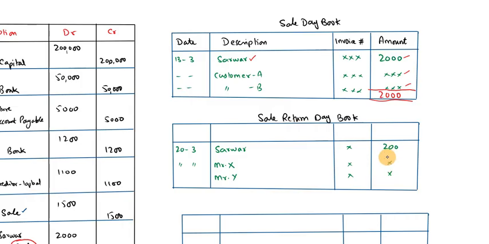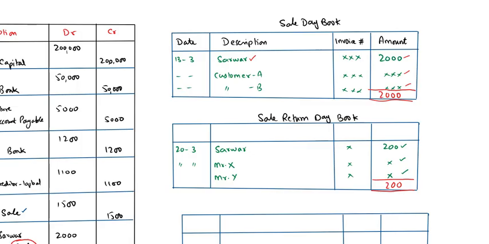You have to remember, student, in the sale or sale return day book, in day books we will record only individual single transactions first, then total the sale return account, that is 200. So this total of 200 is our sale return in our business.